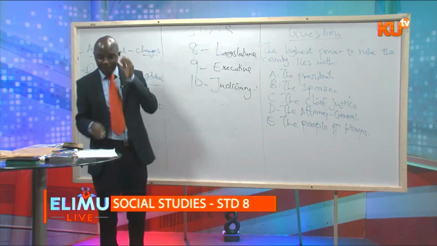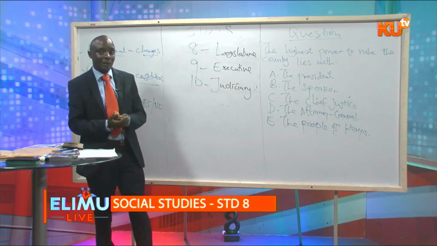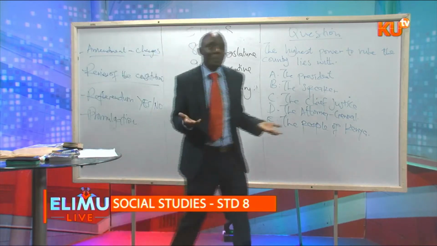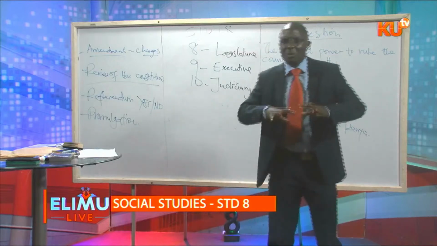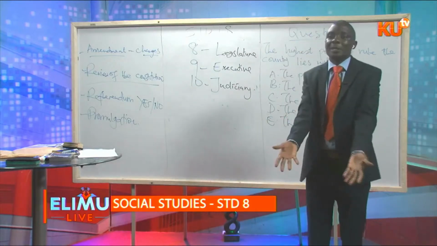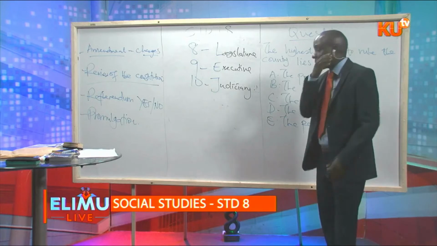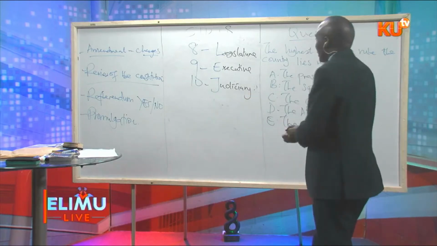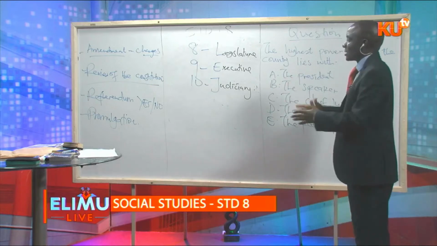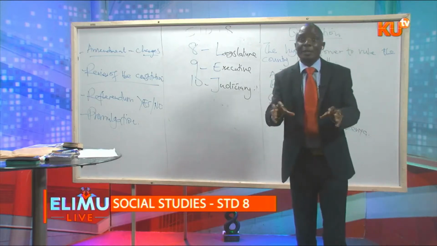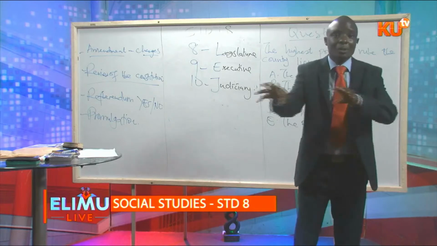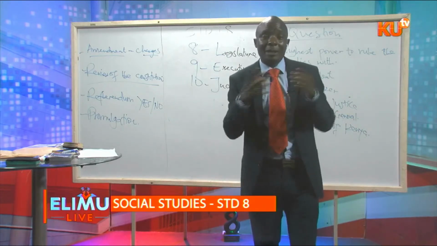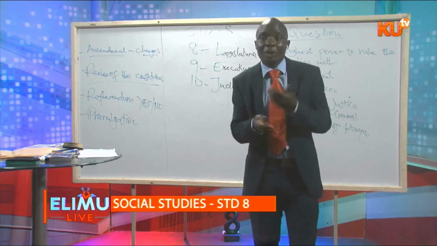And in fact, as we look at some of the questions that I've given you, one asks: what is the importance of our constitution? It gives us the structure of government. Remember, the arms of government are the legislature, the executive, and the judiciary. The Constitution talks about how they interdepend and complement one another.